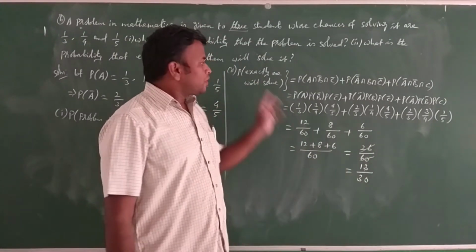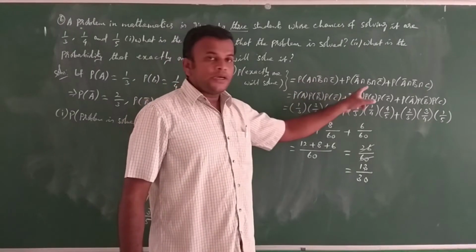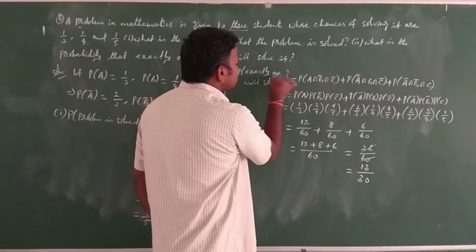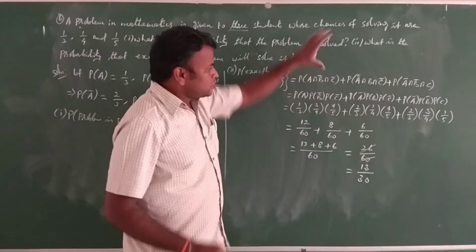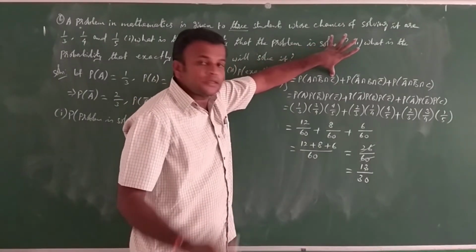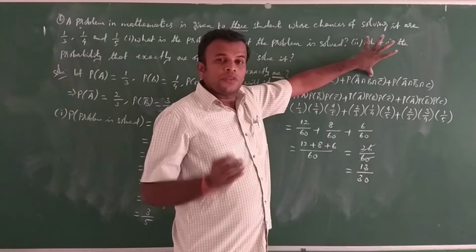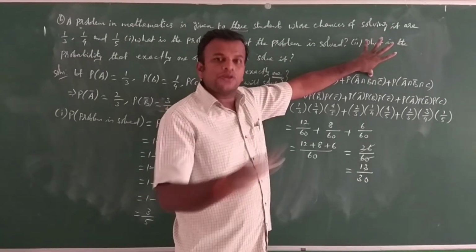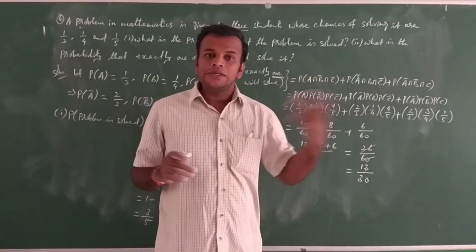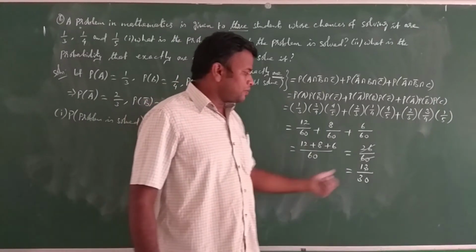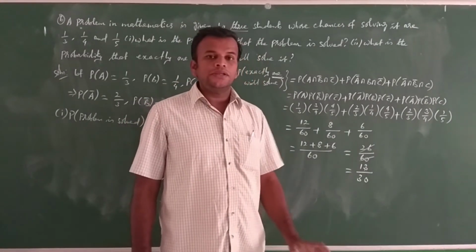So what is the reason to use the symbol here? Exactly 1. The first student will solve, the remaining students do not solve. Suppose the second student will solve, the first and the third students do not solve. That is, the other students do not have the answer. So the required probability is 13 by 30.